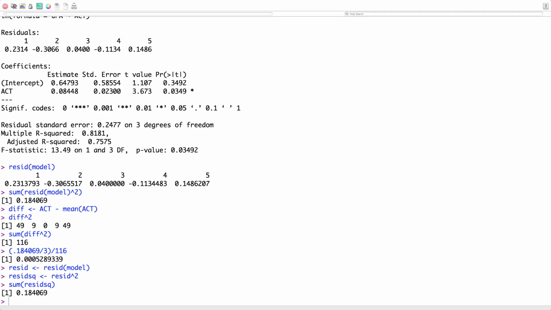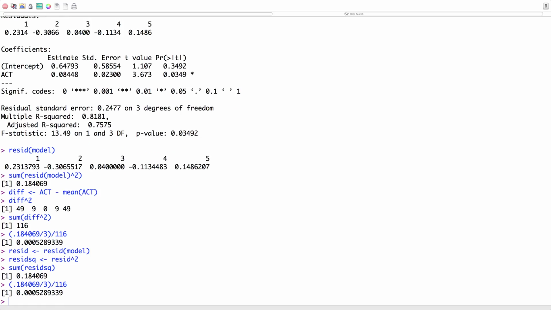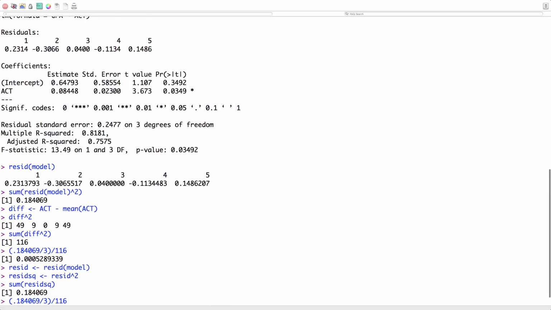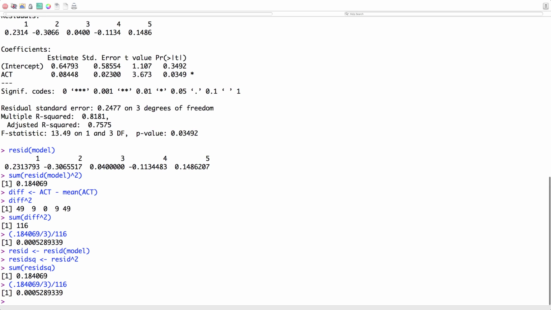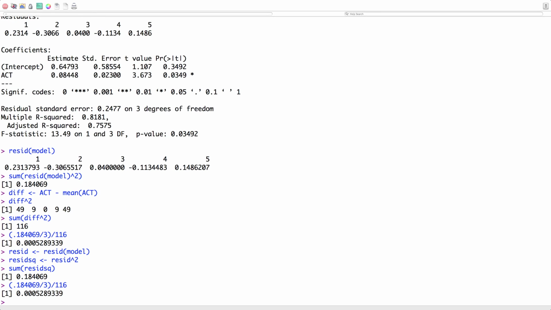And let's check the other one, 116. 0.184069 divided by 3, divided by 116. That's what's going on here. Oh, okay.